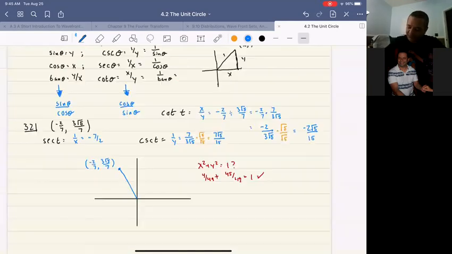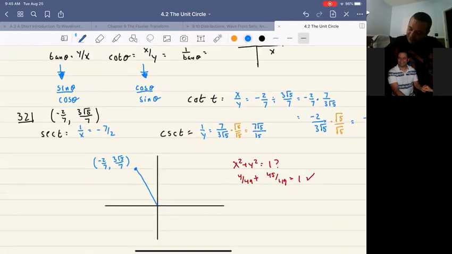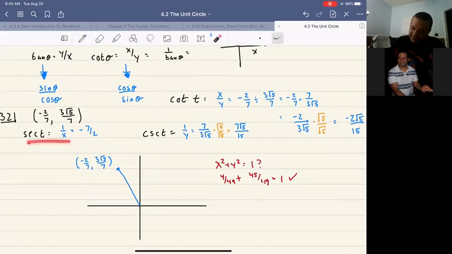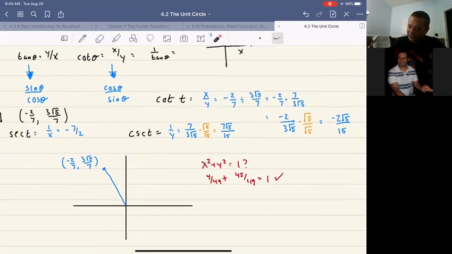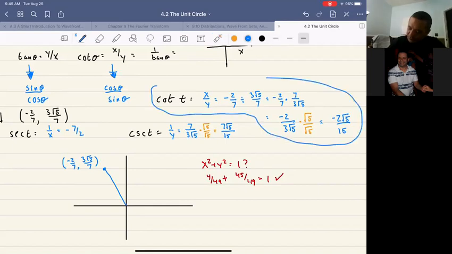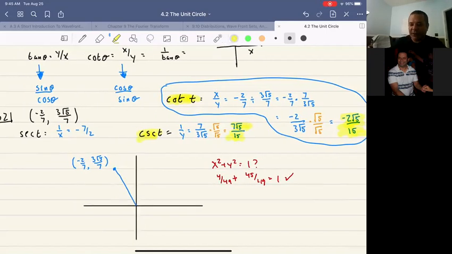Just to be clear, secant here was negative 7 over 2. Cosecant, the answer you're going to have to plug in is 7 root 5 over 15. And cotangent was negative 2 root 5 over 15.